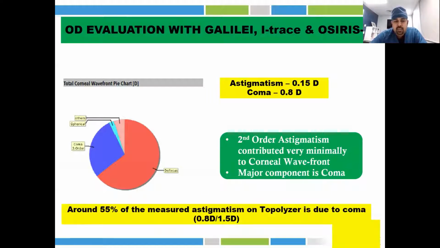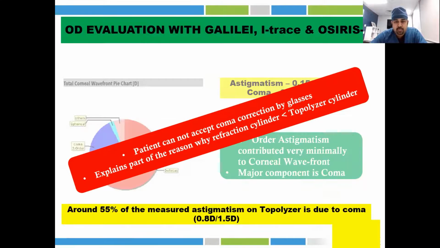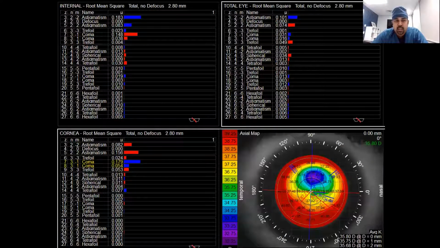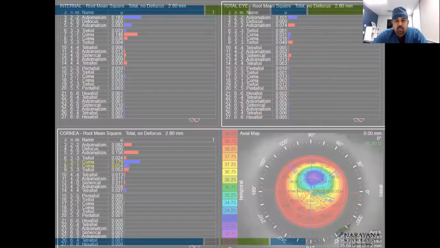Which means that 55% of whatever you measured on his topographer is not actually his astigmatism. This patient will be able to accept only the astigmatism and not the coma component of what it shows as astigmatism. That is the reason why his refractive cylinder is much less than what is shown on the topographer as the cylinder.